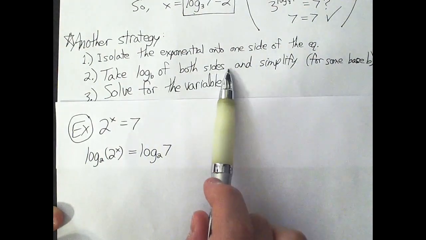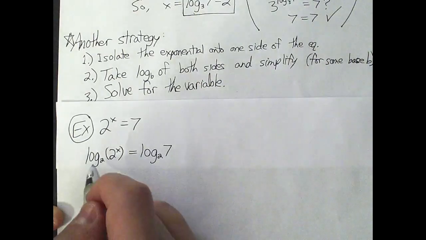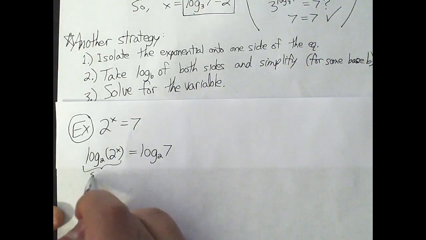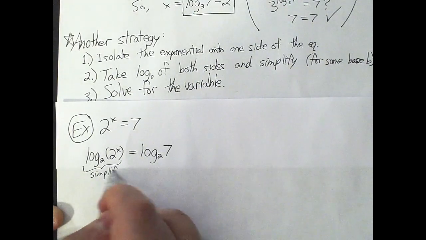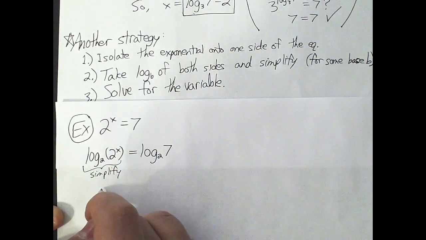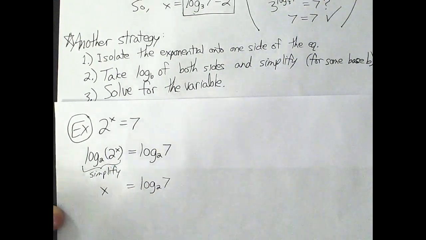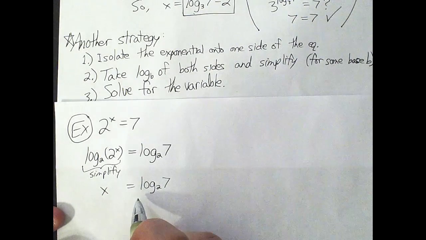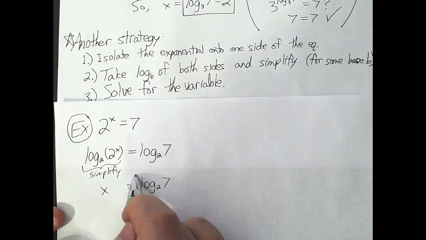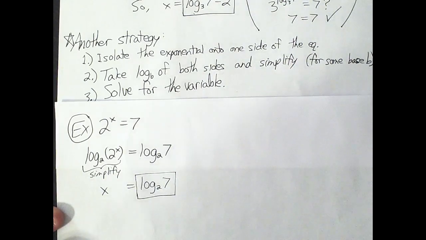It says and simplify. So the and simplify would mean this part, log base 2 of 2 to the x, does simplify to just x. And there you go, that's the answer. That's the answer we found above. So we kind of got there in a slightly different way, but thinking of the problem this way also works.